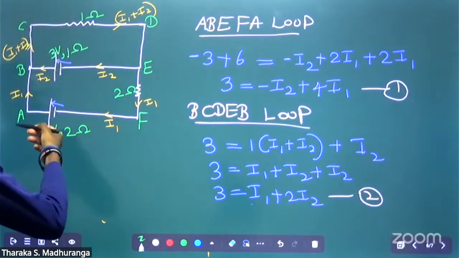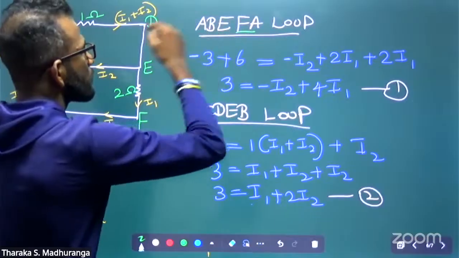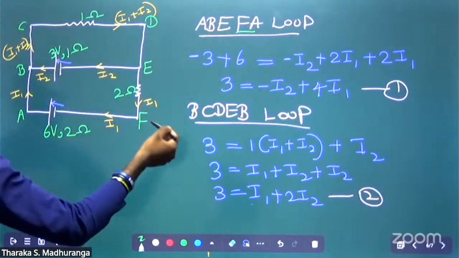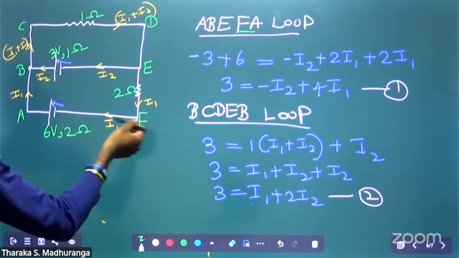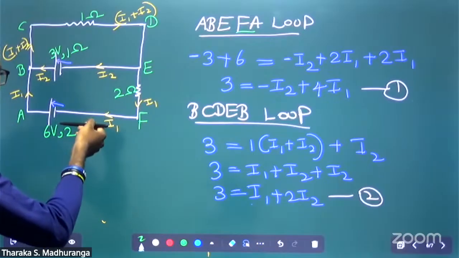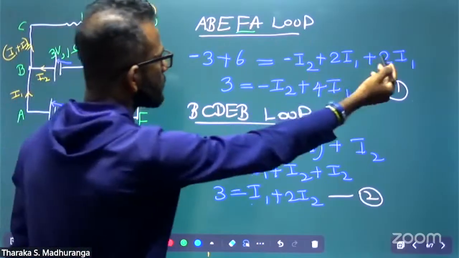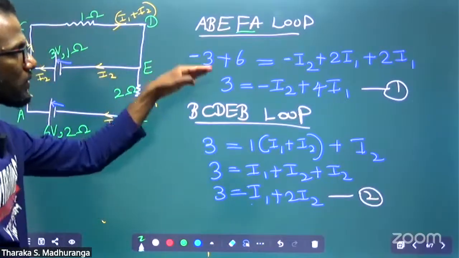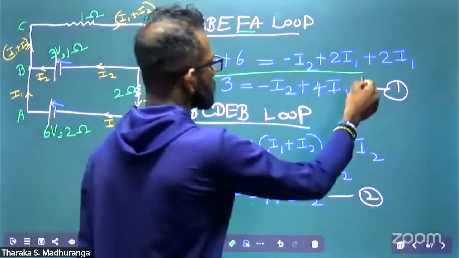Now F to A, there is another resistance, also our direction and current direction are the same, so plus 2I1. Then using that I got this equation.